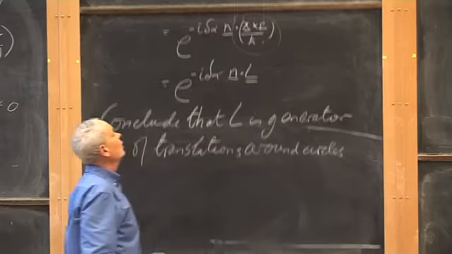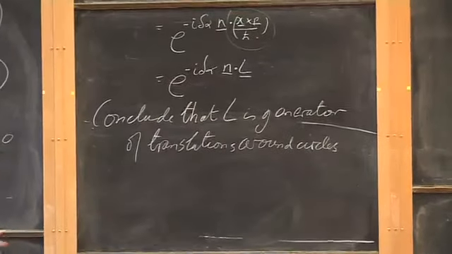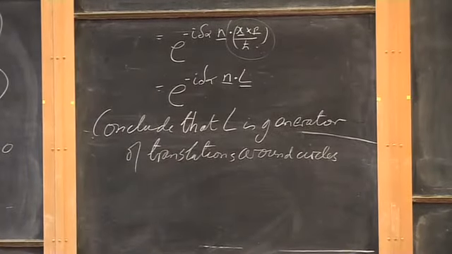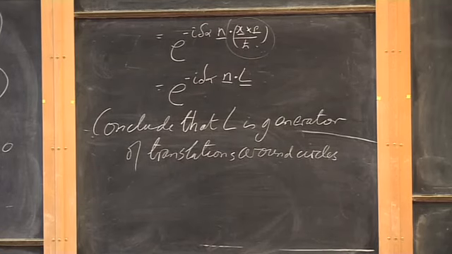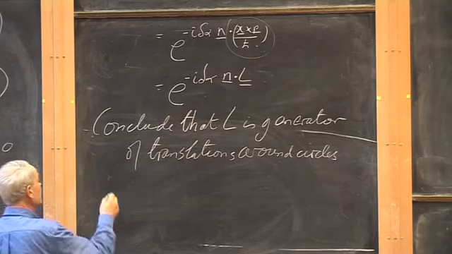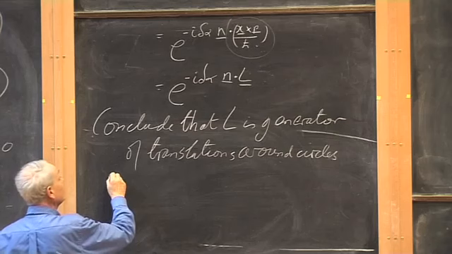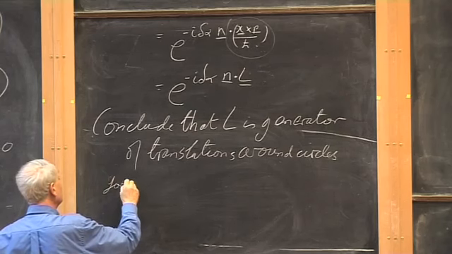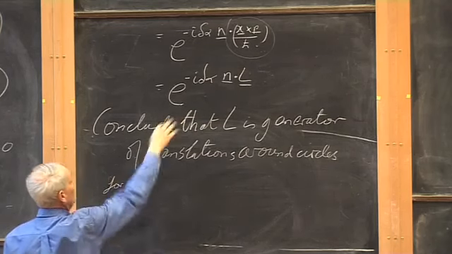We can also get something interesting, very important, by combining these two things. So for a complete circle, we can multiply these things together.